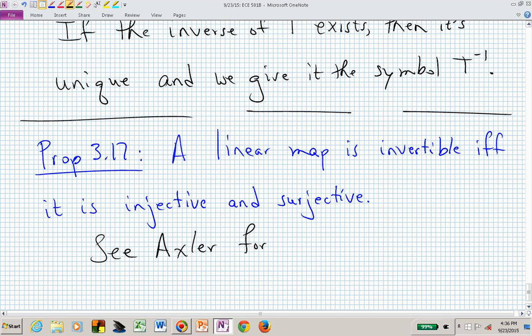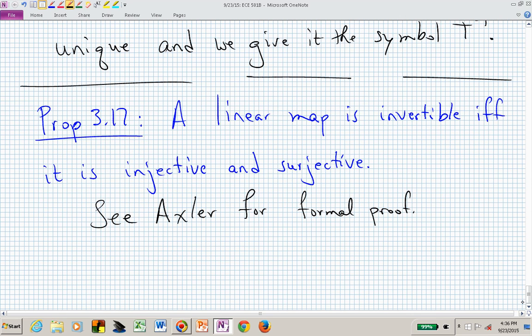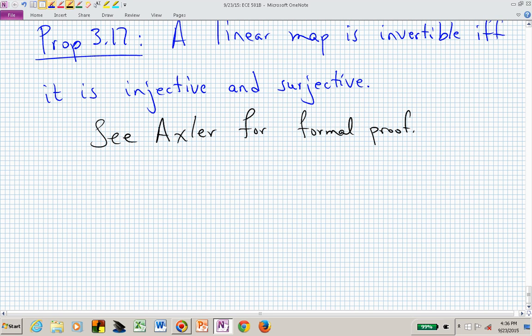So you can see Axler for the formal proof. For now, let's examine this proposition on a more intuitive level.